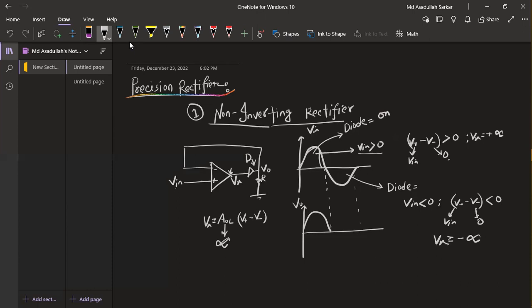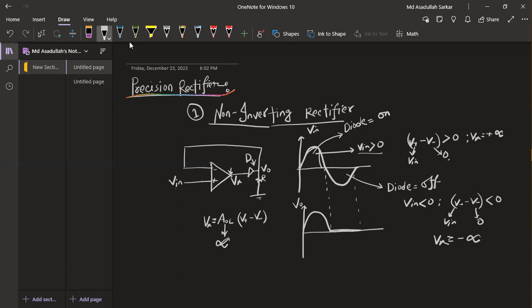If Vx is minus infinite, then the diode will not be on. So the diode is now off, and V output will not follow V input. In that case, V output will be 0.